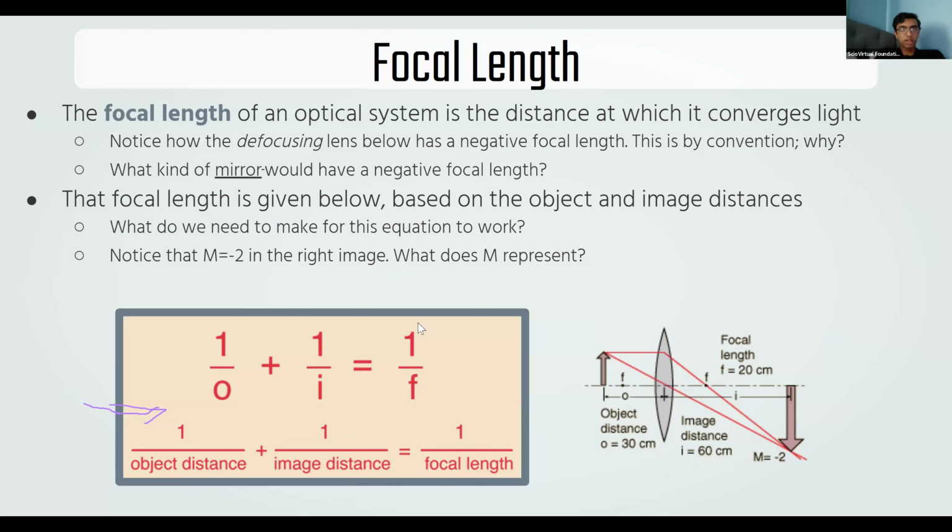But rather than just a formula, can anyone explain why that's how you get the magnification? Because image over object, yeah, that's true. But how do we end up with that result? We do math.